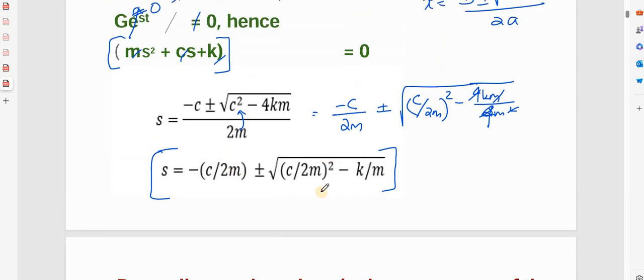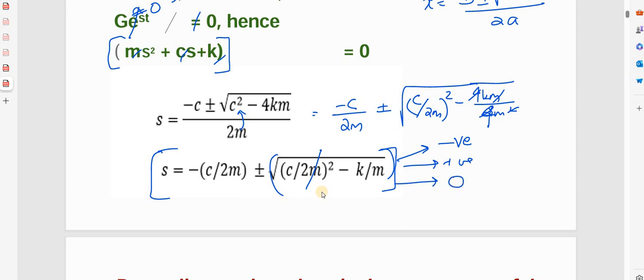Now this solution can have 3 types of solutions. This term, c by 2m the whole square minus k by m, can be negative, it can be positive, and it can also be 0.